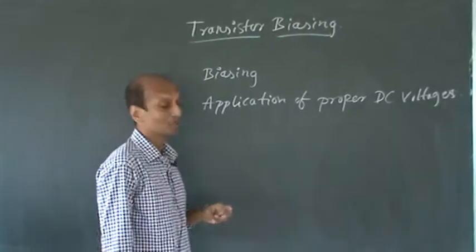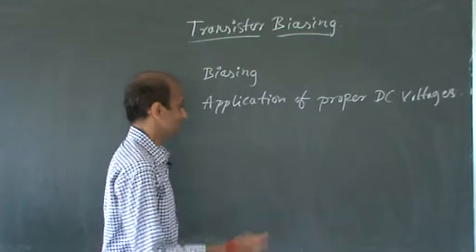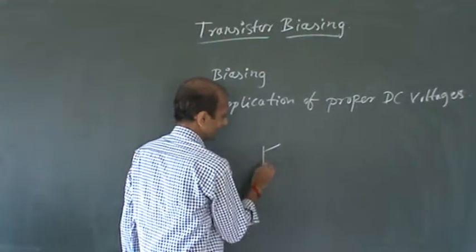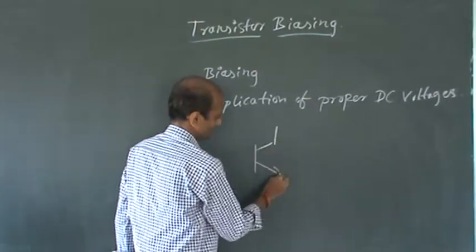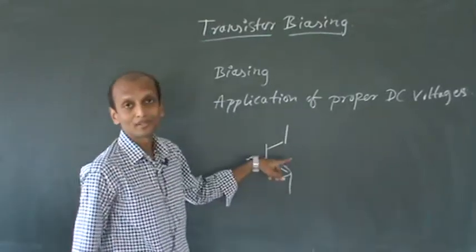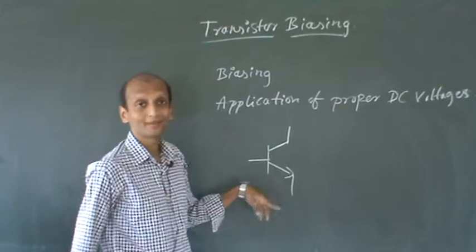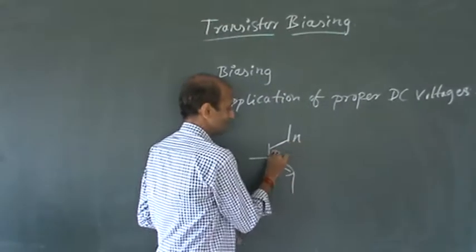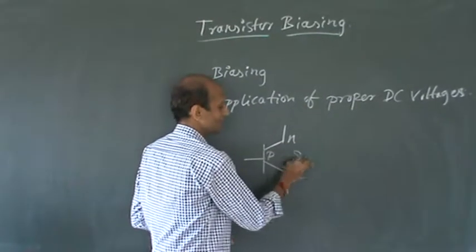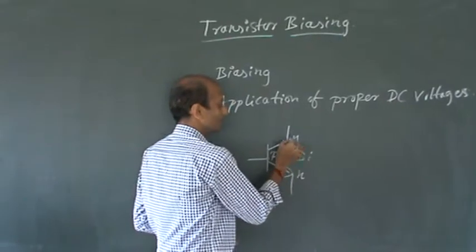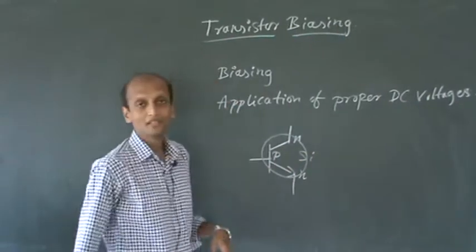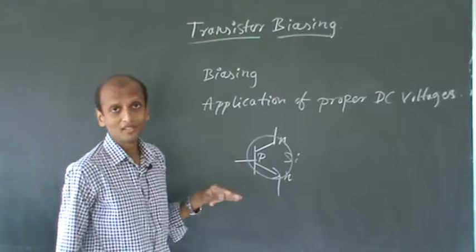A transistor has three terminals, isn't it? So we have a transistor. This one is called an NPN transistor. It can be of silicon or germanium type.